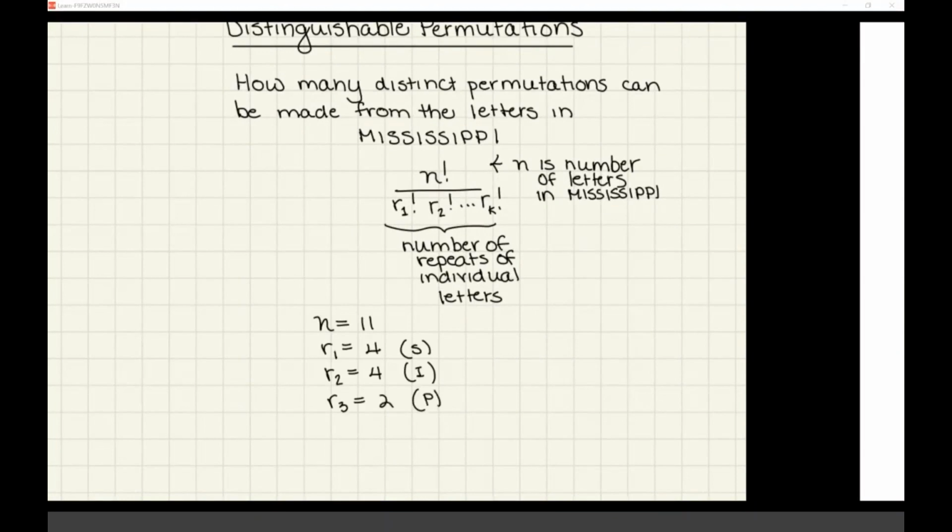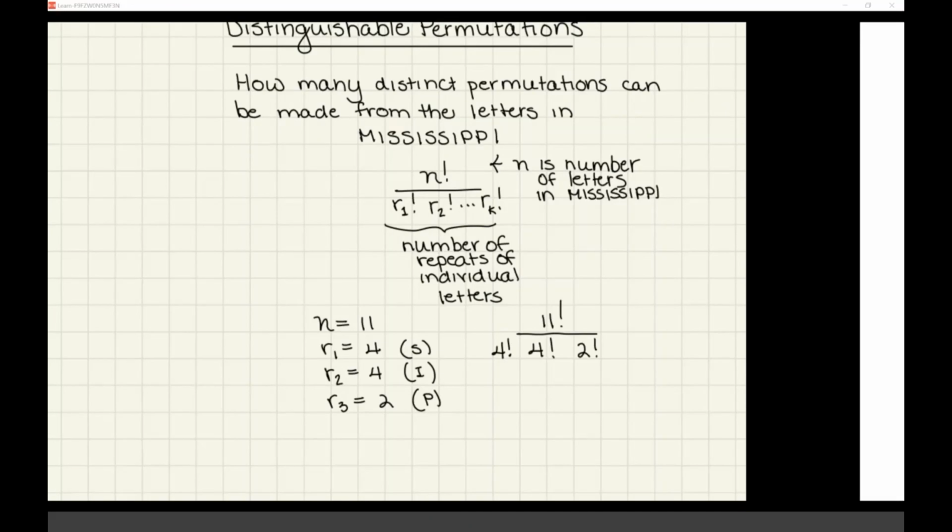As far as how I'm going to build this, it's not a probability fraction, it's a counting of distinguishable permutations. So here's what I do. I put 11 factorial in the numerator, and then here's R1 factorial, R2 factorial, R3 factorial.